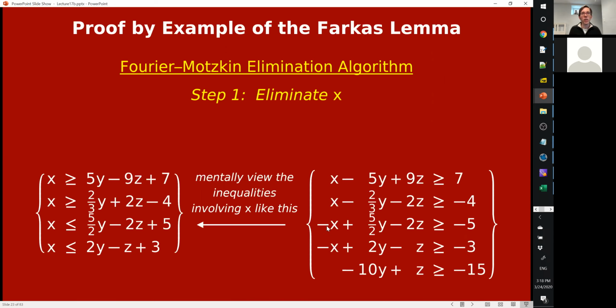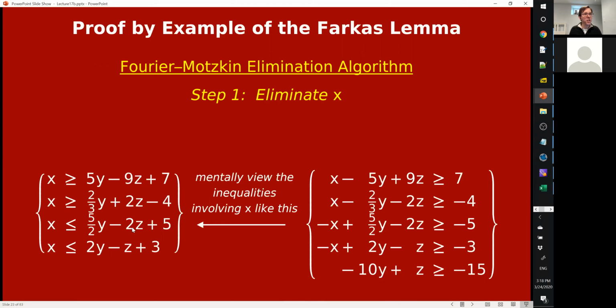And whenever the coefficient is minus, you have minus x, if you move the minus x to the other side and the constant to the left side, you can think of this as an inequation of the form x is less than or equal to some stuff. Great. And if you have some inequality in the system that doesn't involve x, just temporarily forget about it for a moment. We'll just think about what bounds are implied for x here.